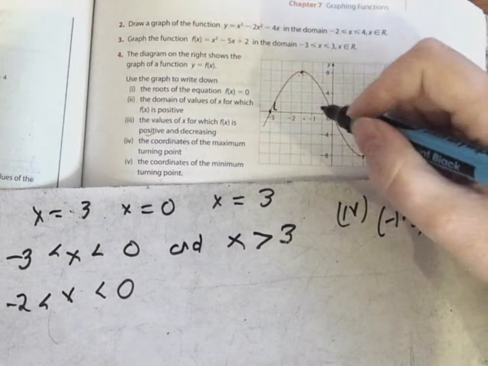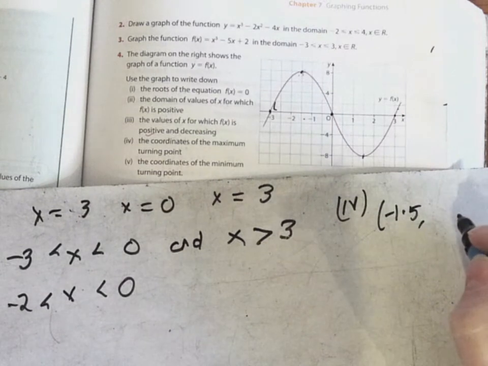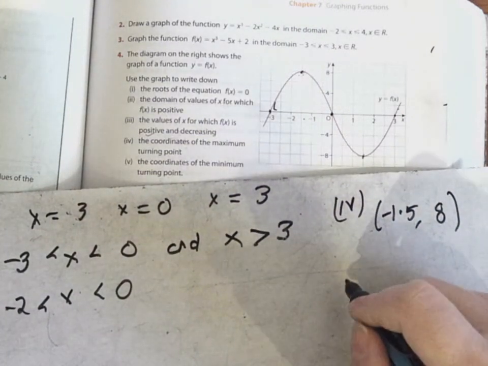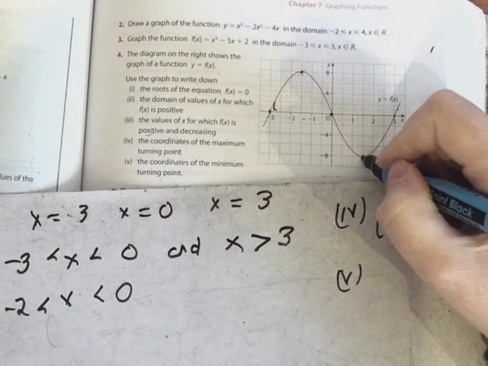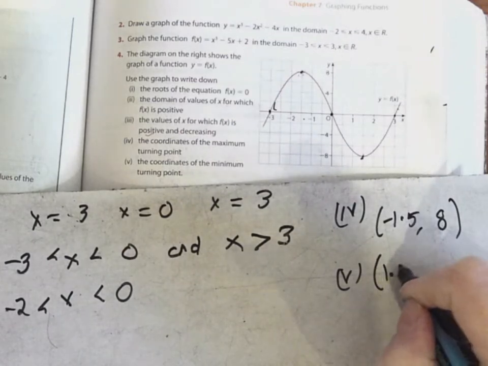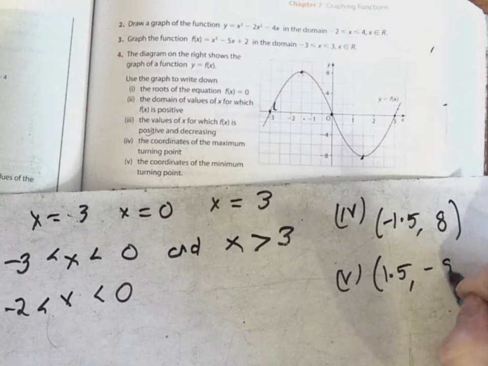You have to give the y coordinate as well, so it's across to minus 1.5 and up to 8. Then part 5 says give the minimum turning point. The minimum turning point is down here, halfway between 1 and 2, so that's 1.5, and it goes down to minus 8.